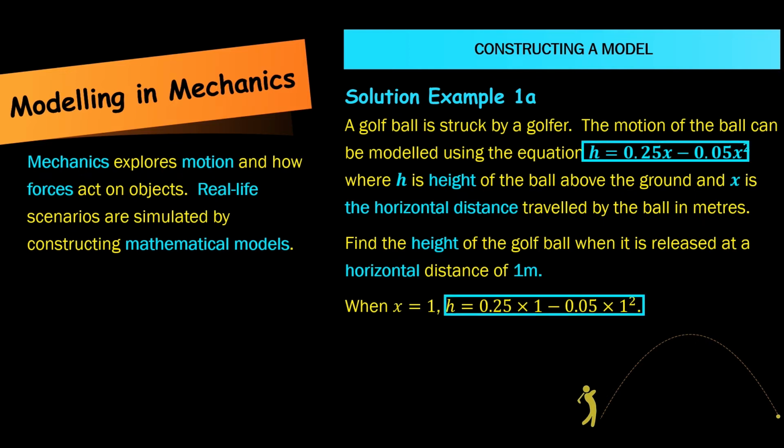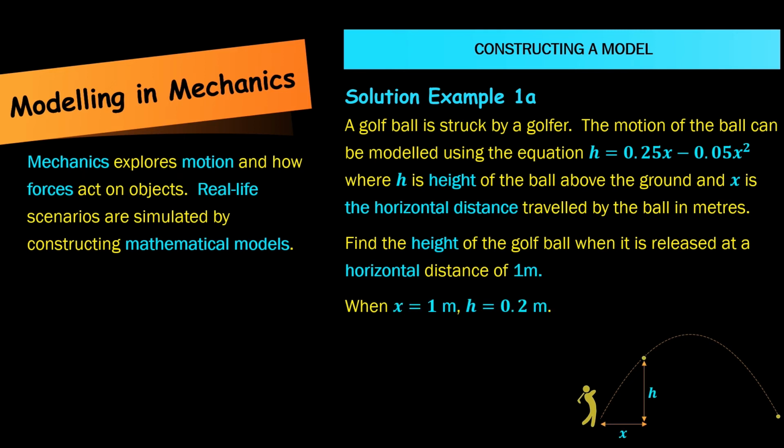So we have h equals 0.25 times 1 minus 0.05 times 1 squared. And of course we've plugged in x equals 1 here and here to give us h equals 0.2. Therefore, when x equals 1 meter, we have that h equals 0.2 meters.